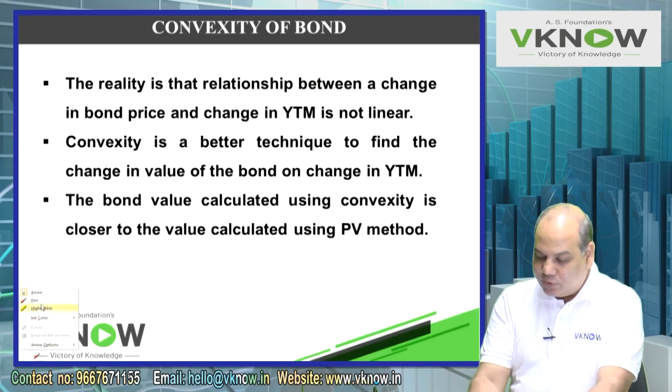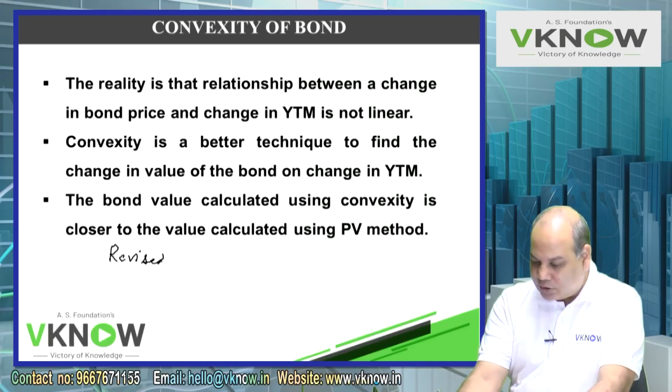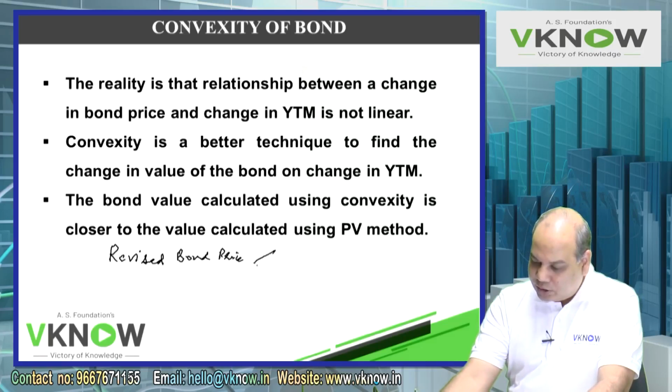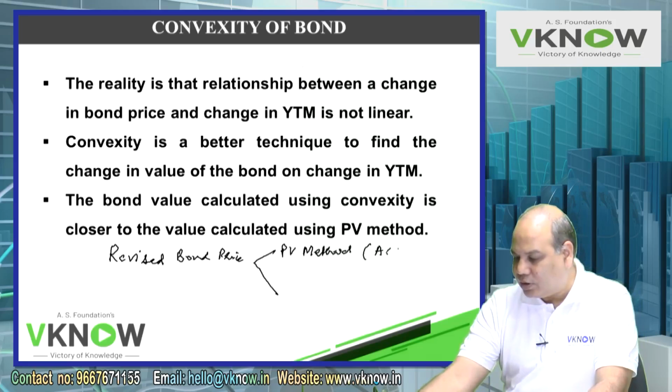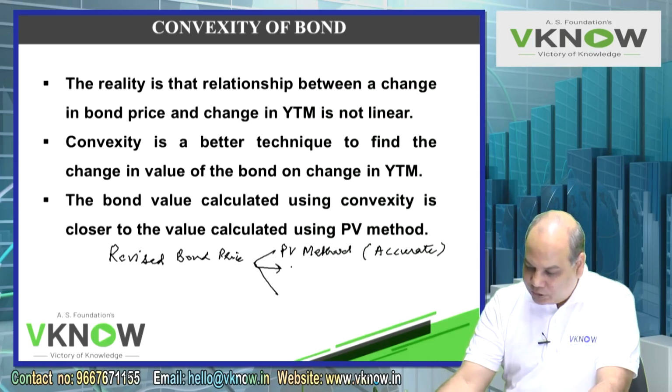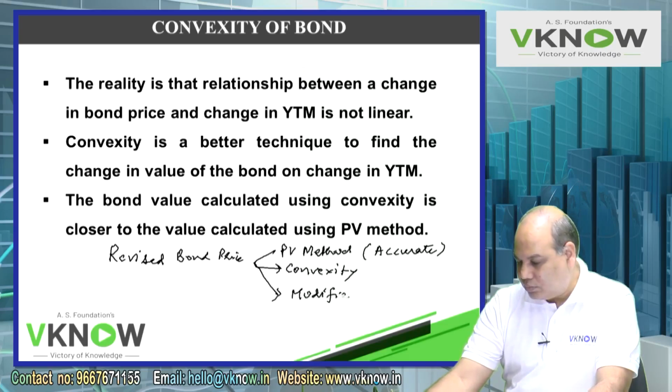So there are 3 ways we can calculate the revised bond price. Now don't write, understand. One is the PV method, which is the accurate method. But suppose I don't want to apply the PV method, the next accurate method will be the convexity method. And the least accurate method will be the modified duration method.